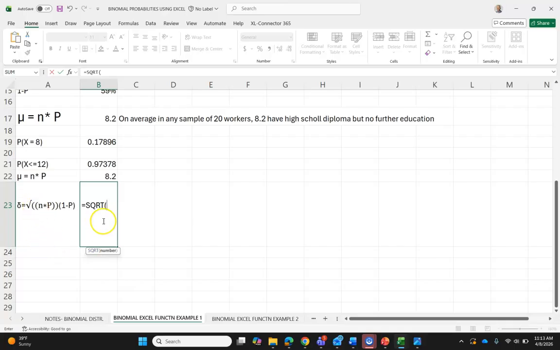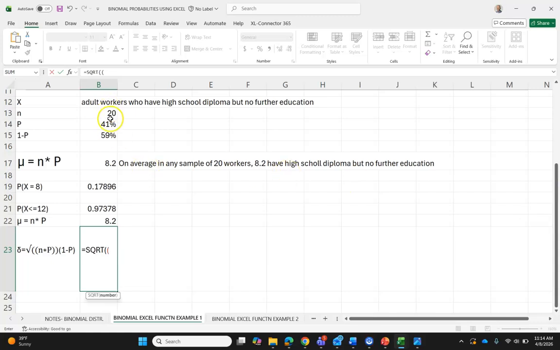Why double brackets there, I have no idea, but all we are looking for is the square root of N times probability. Let me go up here, it is 20 times 0.41, which is the probability, and close the bracket.